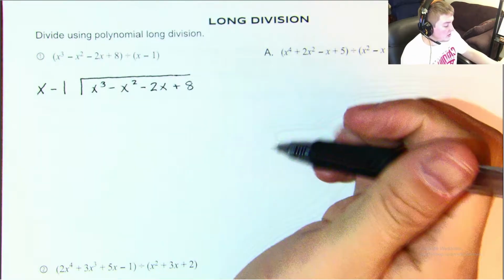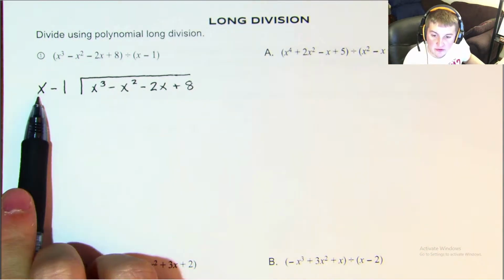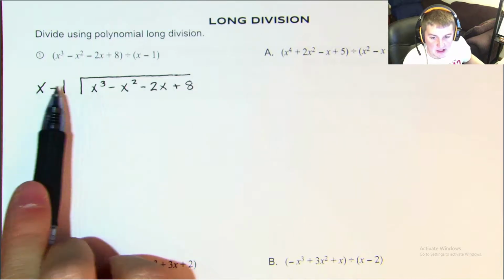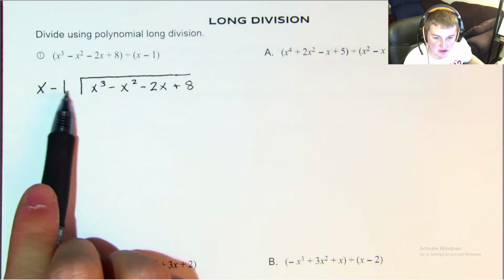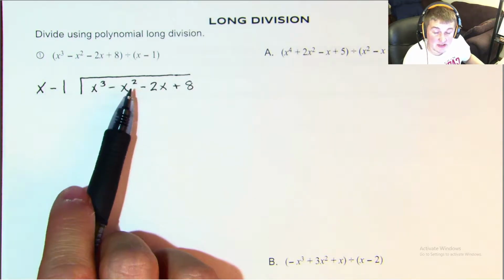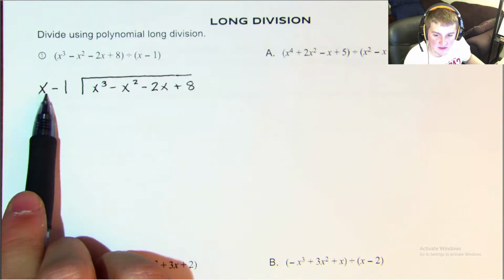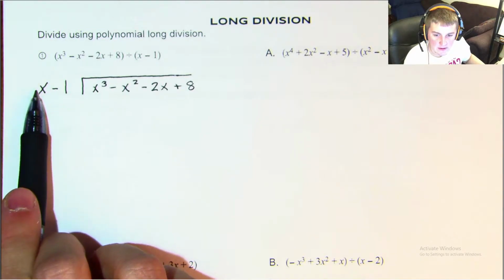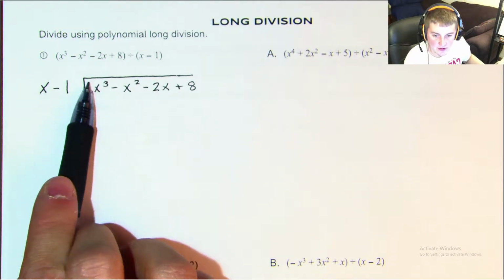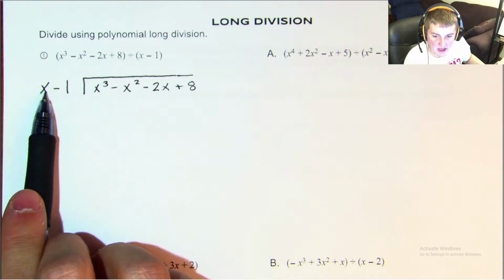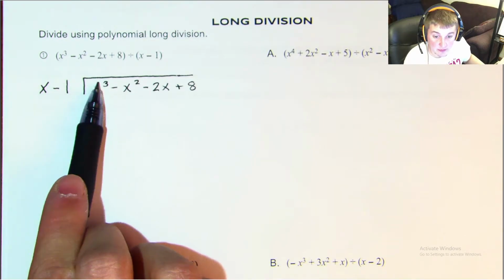Okay, so what I'm going to do now is only look first term to first term, because with the minus 1, I'm never really going to be able to get multiple things to match up on a consistent basis. So what do I have to multiply this first term here by to become this first term here? What do I have to multiply x by to get x to the third power?